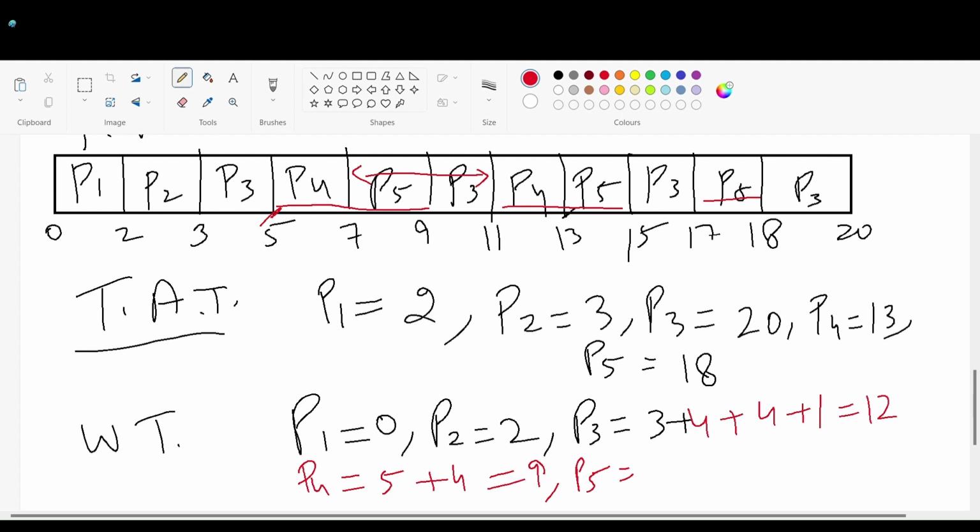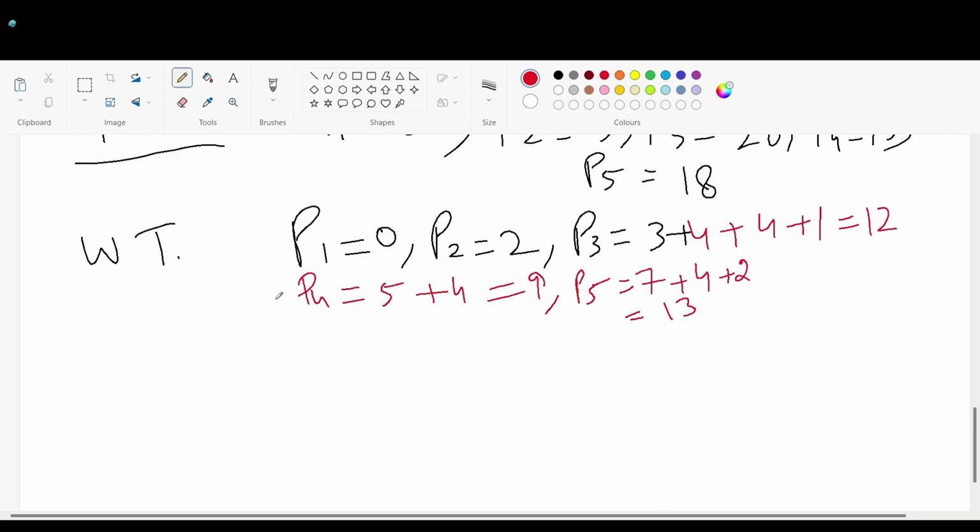Now P5, what is the waiting time of P5? P5 waiting time in the starting is 7, plus 13 minus 9, 4, plus 15 to 17, 2. Okay. So the total waiting time of P5 is 13, right?